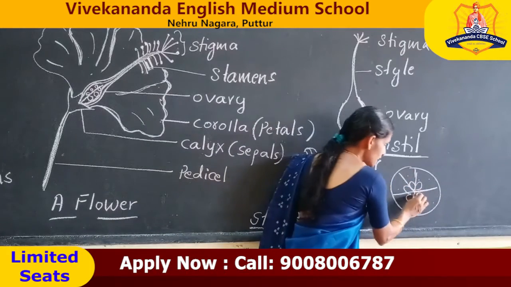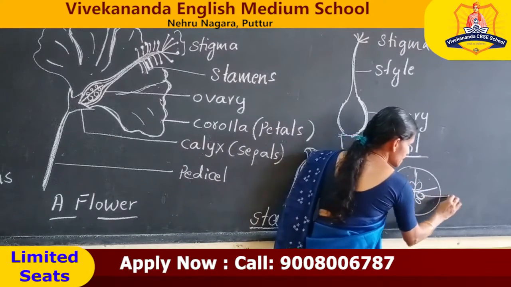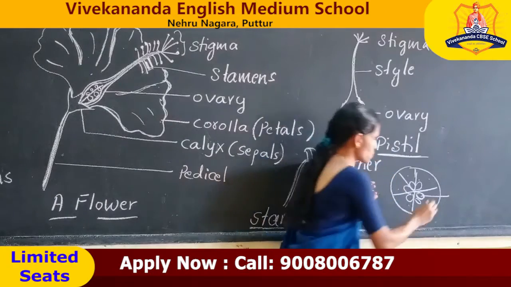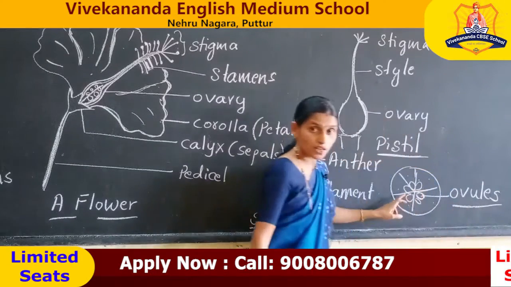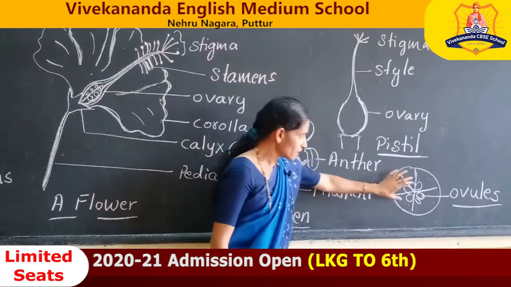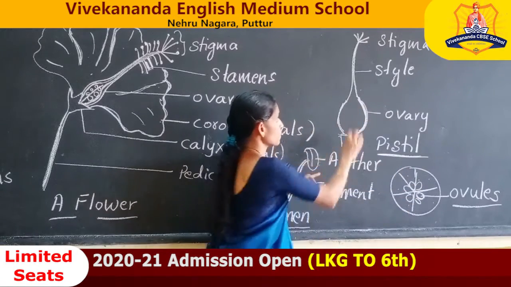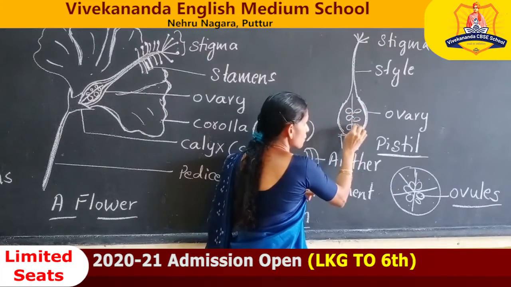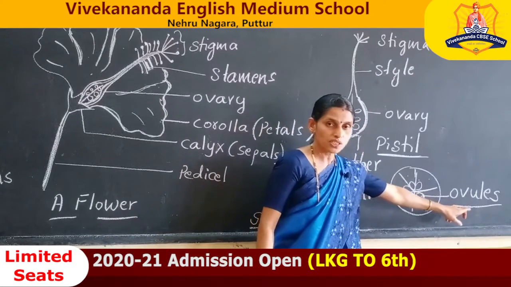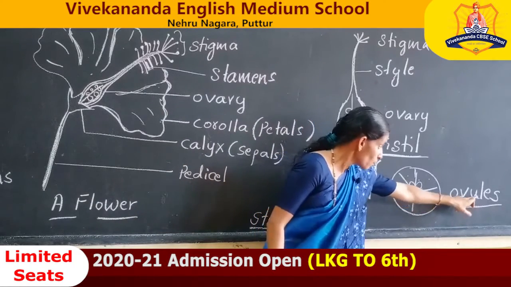Inside the chambers we can see small bead-like structures. Those are called ovules.